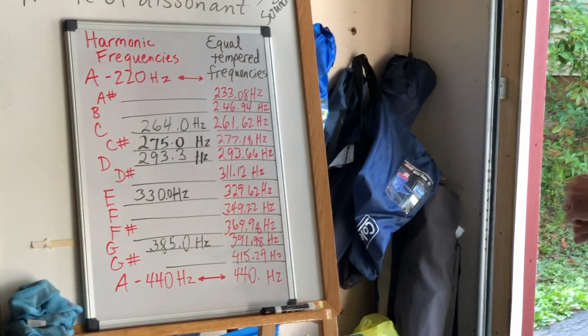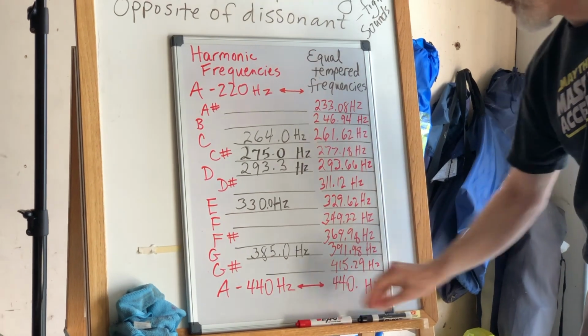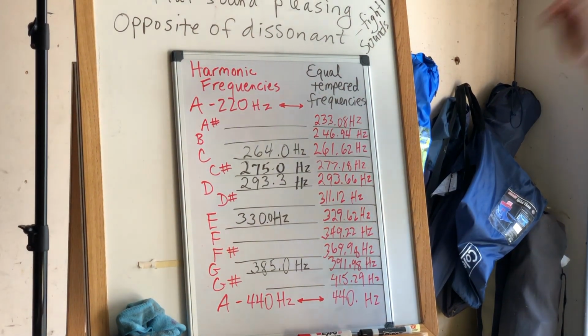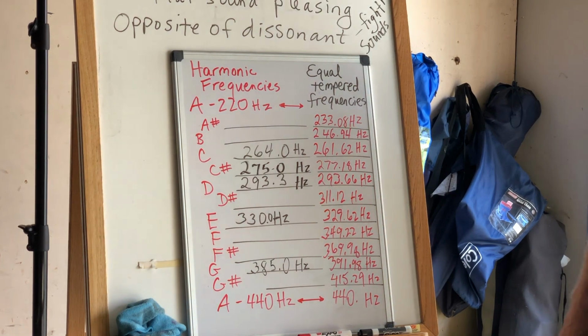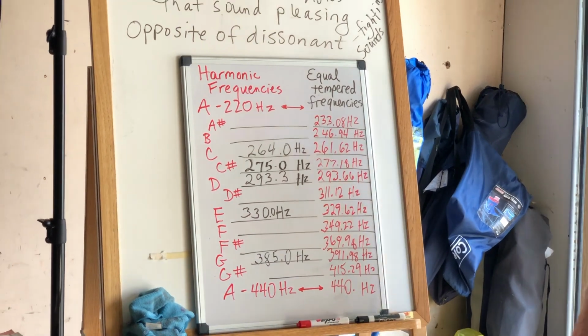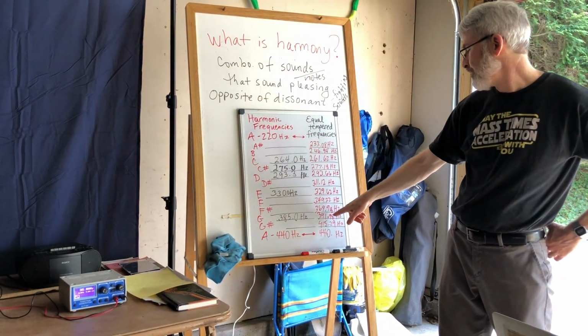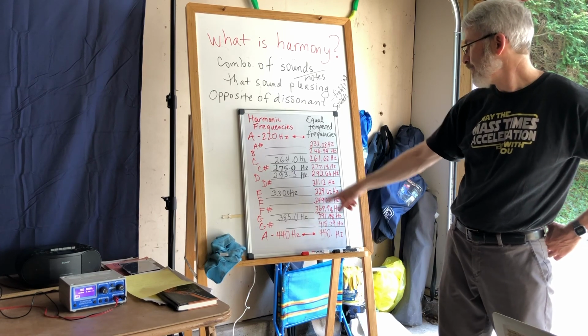So this is the problem with equal temperament. The fourths and the fifths aren't bad. You can live with those. But the major thirds and the minor thirds are pretty bad. And this dominant seventh thing that barbershoppers love, whoa, way different. So you might be interested in hearing what 220 to 392 sounds like compared to 385.